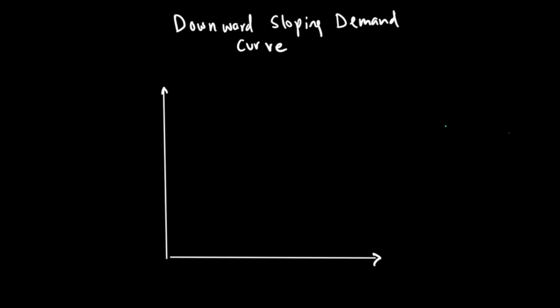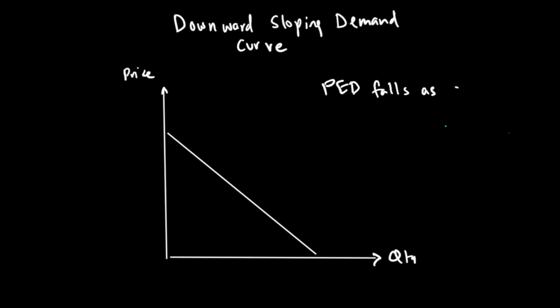In the case of a linear downward sloping demand curve, we actually say this, that when you look at elasticity of demand for a linear demand curve, so let's make a linear demand curve like this one. If I have a linear downward sloping demand curve, then what we say is that PD falls as quantity rises.